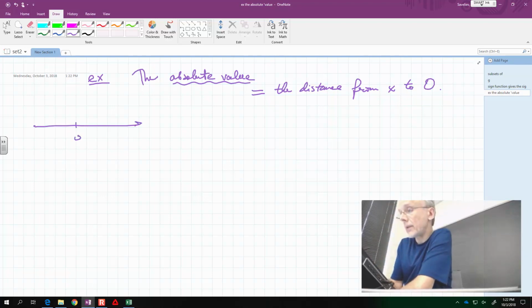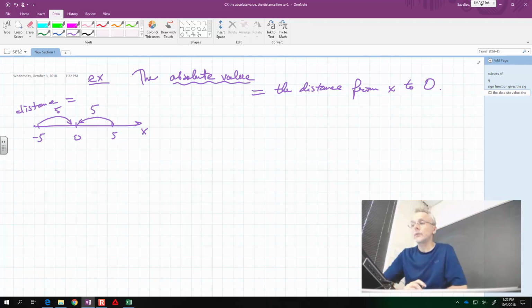So we have on the x-axis, if this is 5, then the distance is 5. If this is -5, the distance is still 5. To the left or to the right? So in that sense, we make everything positive. The way I just talked about, it is the opposite of what the sine function does.